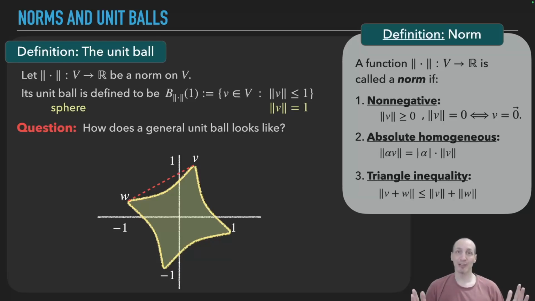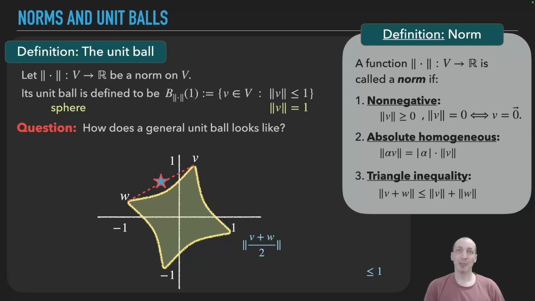So let's prove this claim, or at least let's prove this claim for 1 point, the middle of this segment. So I want to show that if I start with 2 points in the unit ball, so the norm of V and the norm of W is at most 1, then I want to show that the norm of (V plus W) divided by 2 is also at most 1, right? It also should be inside the unit ball. Okay, so let's try to understand it.